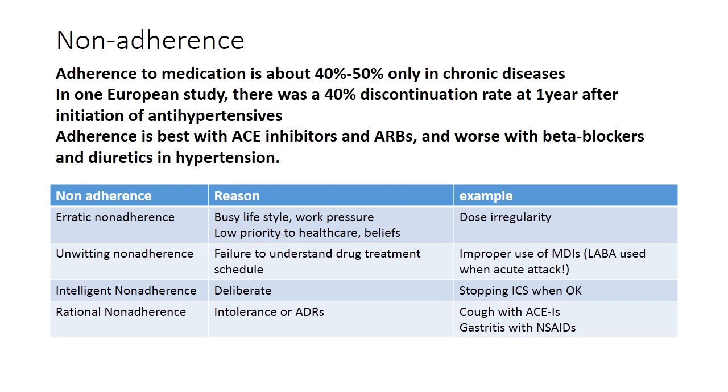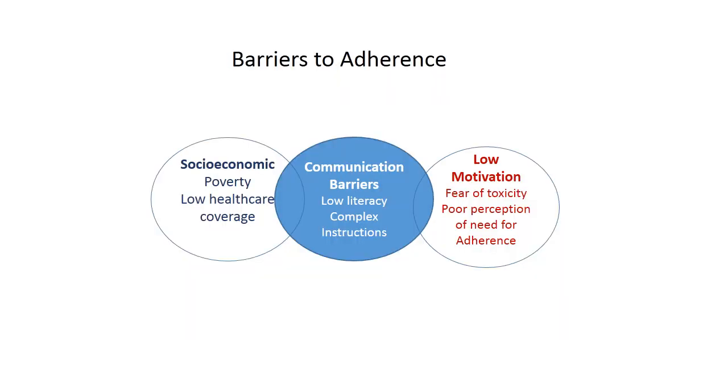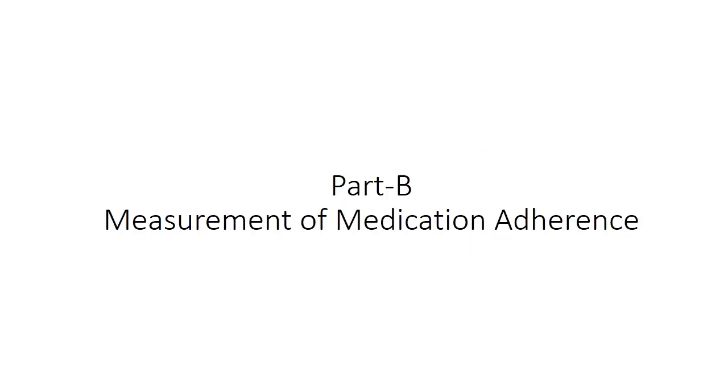And rational non-adherence is when some adverse effects occur with one of the medications, for example, cough with ACE inhibitors or pain abdomen with NSAID use, the patient will stop taking it. So overall, barriers to adherence can be clubbed into low motivation, communication barrier, and socio-economic barrier.